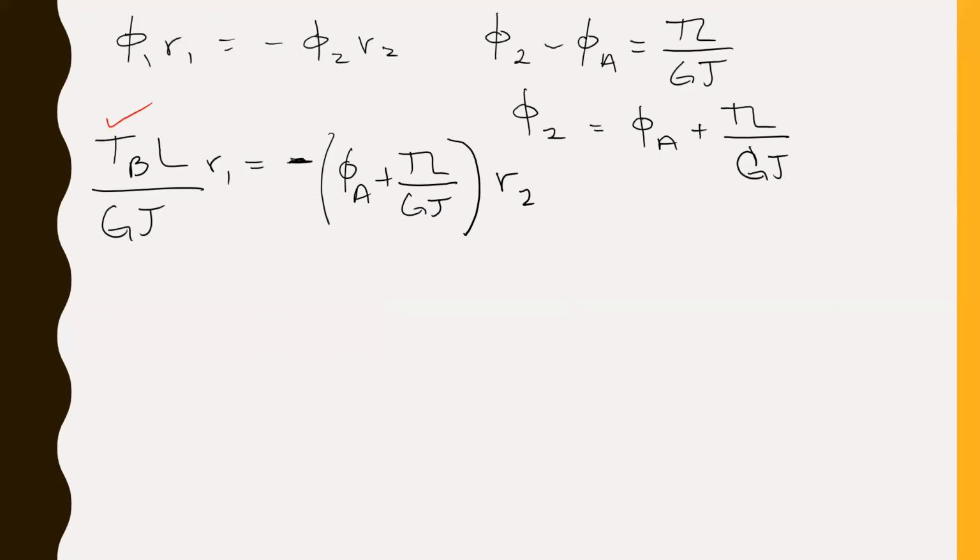TB has already been solved because we had those two equations that had TB and TC, so we could have solved for that. So this left-hand side is completely known. On the right-hand side, we know the applied torque. We know all these geometric values.